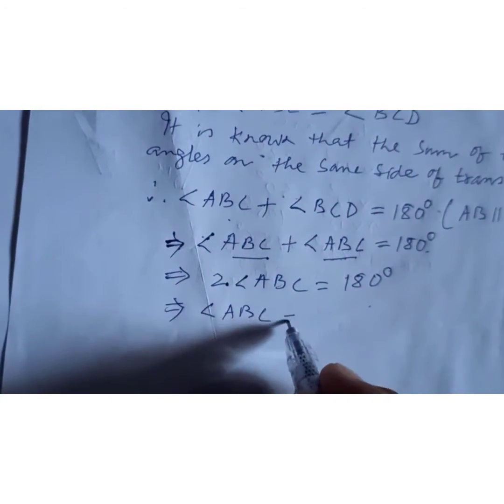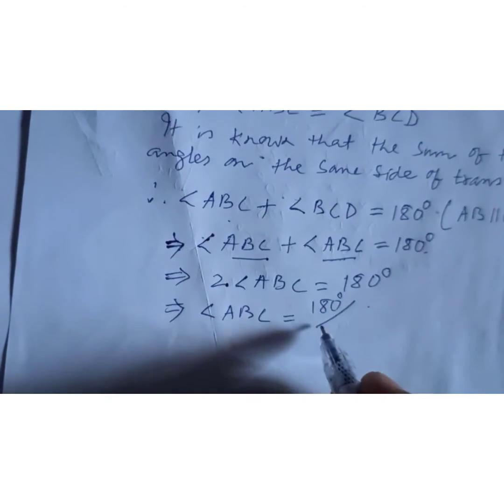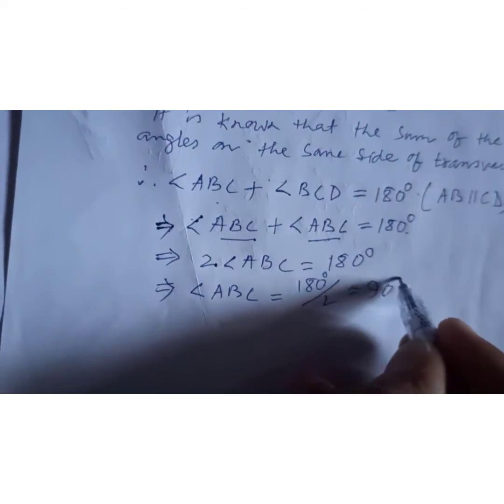So angle ABC equals 180 degrees by 2, which equals 90 degrees.